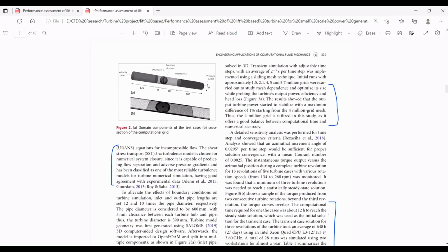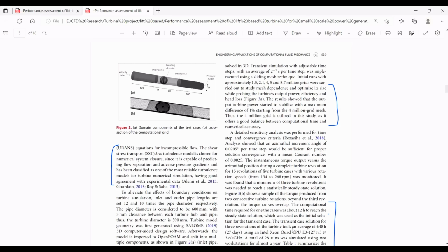The flow domain was made as such to reduce the effect of the flow domain on the simulation results. For that, the inlet and outlet pipe lengths were set as 12 and 10 times the pipe diameter respectively, and the pipe diameter was chosen as 600 millimeter. The turbine model was created using SolidWorks 3D CAD software.